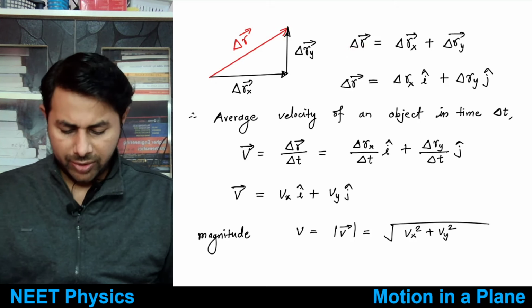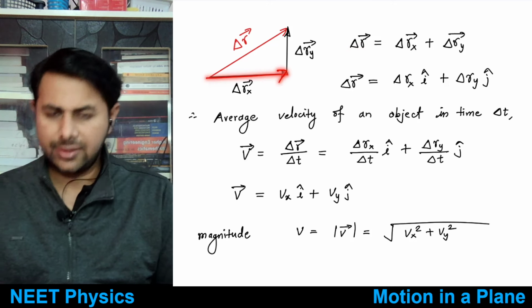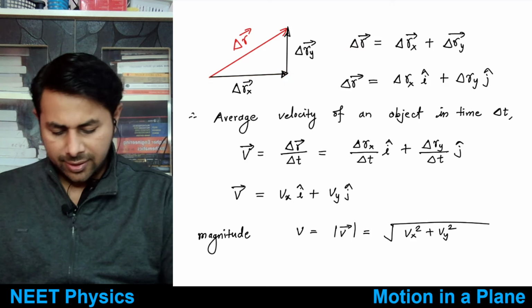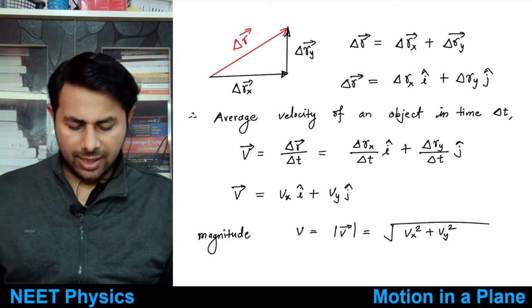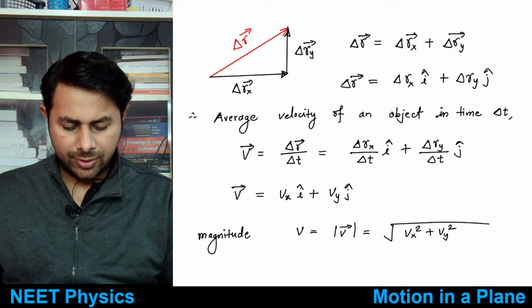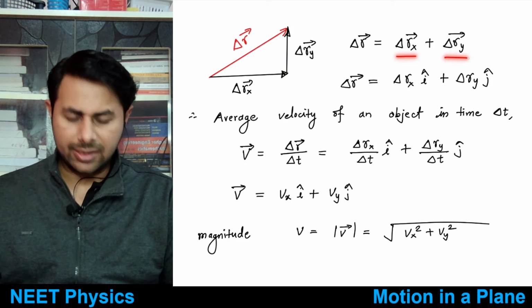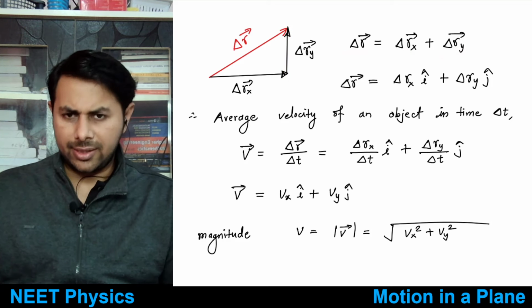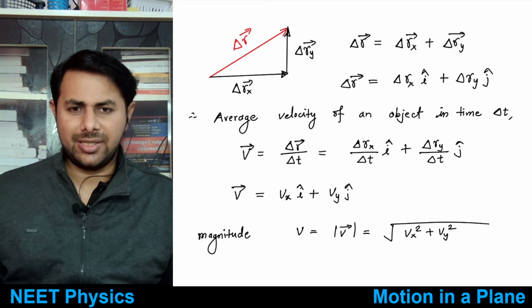You can resolve it along two components, one along the x-axis, which you call delta rx, and one along the y-axis, which you call delta ry. So this can be written as delta r bar is delta rx bar plus delta ry bar, as we studied in the last lecture.